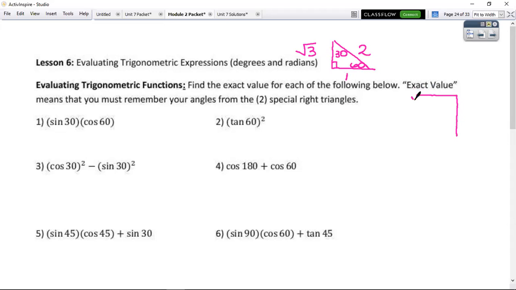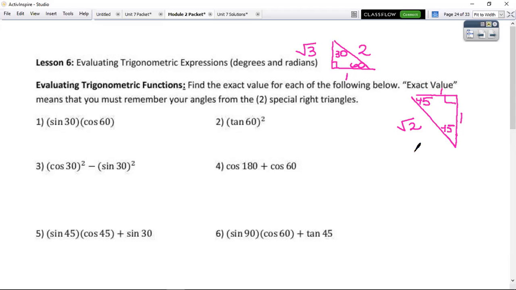So here's a 45, 45, 90. I'm going to orient it like this just to change it up. And then here's 45 degrees. And here's another 45. Guys, what goes across from 45s? Good. And the hypotenuse is the square root of 2. Good.